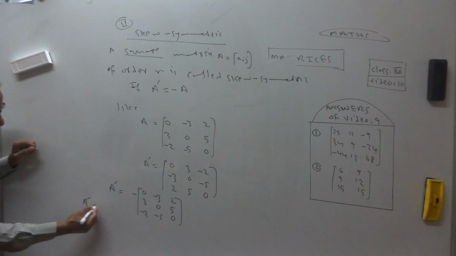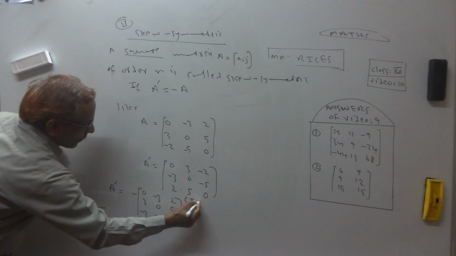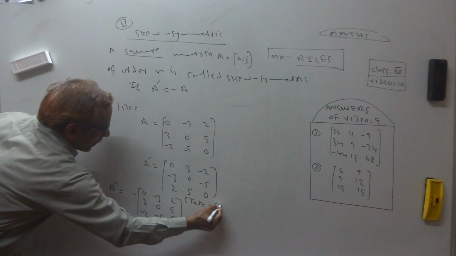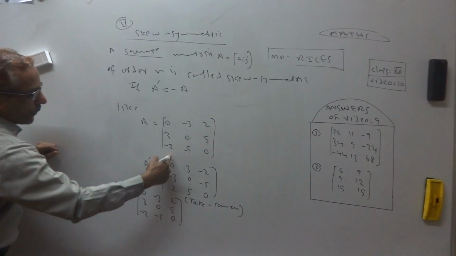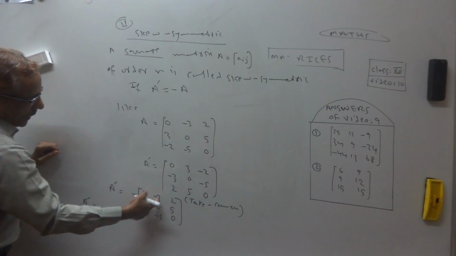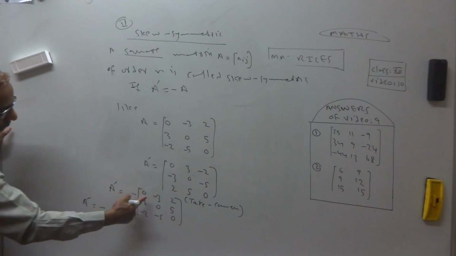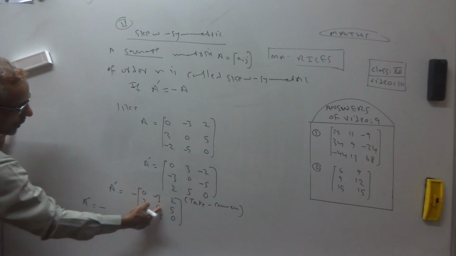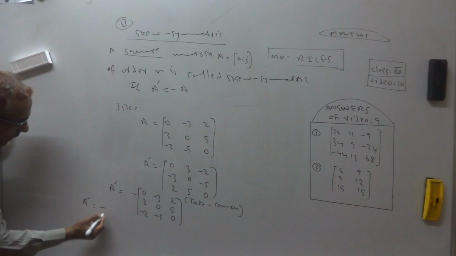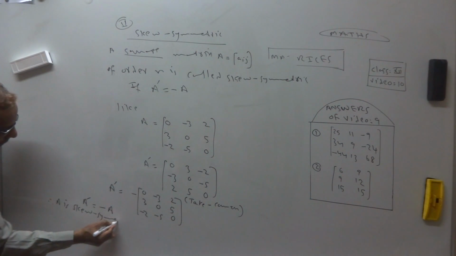You check now please. So I am taking minus common here. If I take minus common after taking the transpose, 0, minus 3, minus minus plus. So A transpose is minus 0, 3, 2, 3, 0, 5, 2, 5, 0, same thing. A transpose is minus A, therefore A is skew symmetric. Clear?